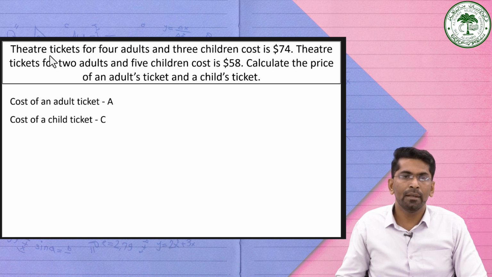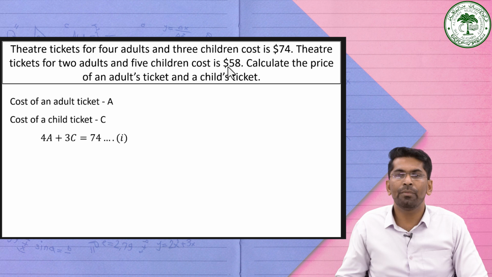From the first line, the theater ticket for 4 adults and 3 children gives 4A plus 3C is equal to 74. Similarly, from the second piece of information, 2 adults and 5 children, 2A plus 5C is equal to 58.